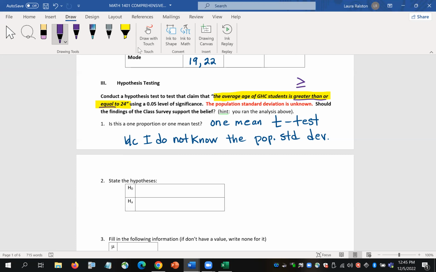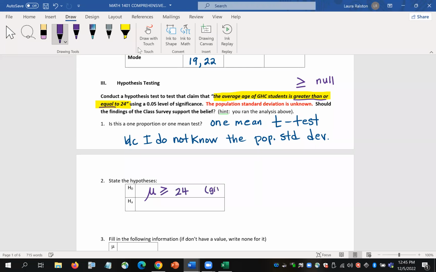Because it contains equal, this statement is your null hypothesis, because the null hypothesis must always and forever contain equal in some form. So we have that the mean is greater than or equal to 24.